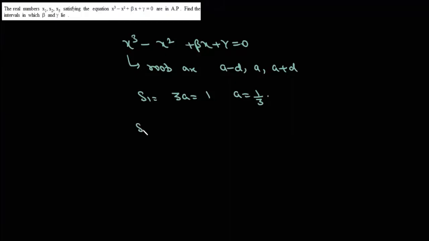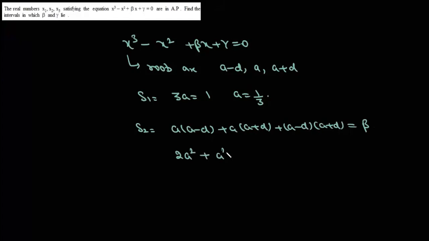Now we write s2, which is the sum of roots taken 2 at a time. So it will be a into a minus d plus a into a plus d plus a minus d into a plus d, and that will be equal to beta. Now here ad will cancel, so we'll get this as 2 times a square plus a square minus d square.